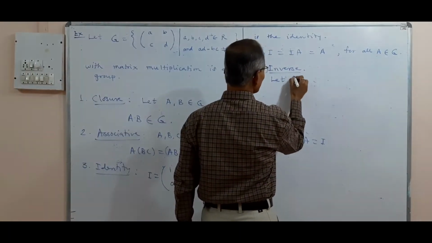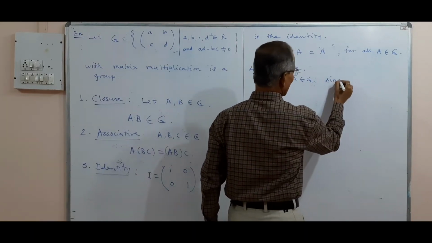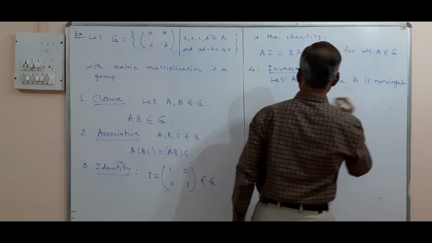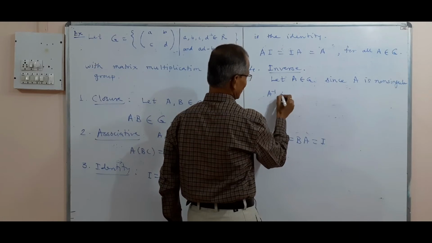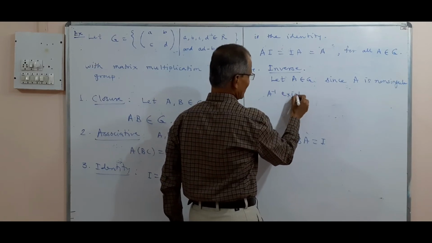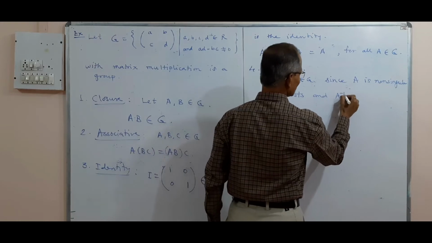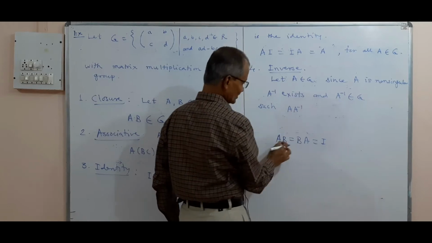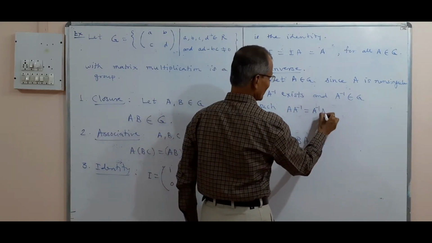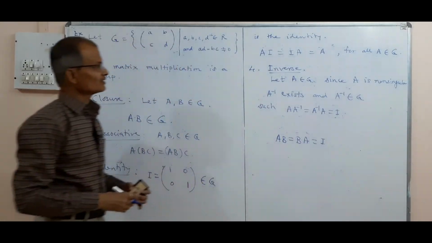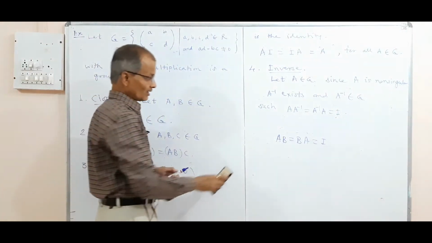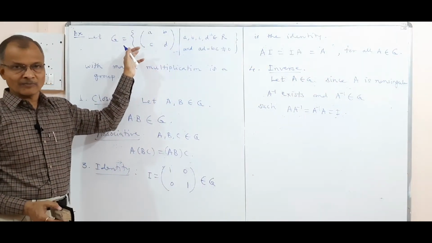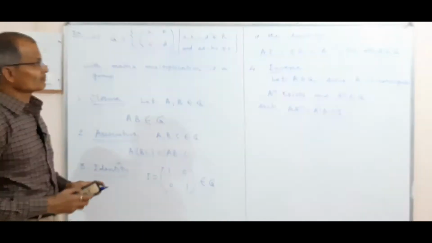Let A belong to G. Since A is non-singular, the inverse A inverse exists. And A inverse belongs to G, such that A into A inverse is equal to A inverse into A is equal to I, and thus this satisfies the fourth condition of inverse, and thus this set of 2 by 2 non-singular matrices with real numbers as entries forms a group.